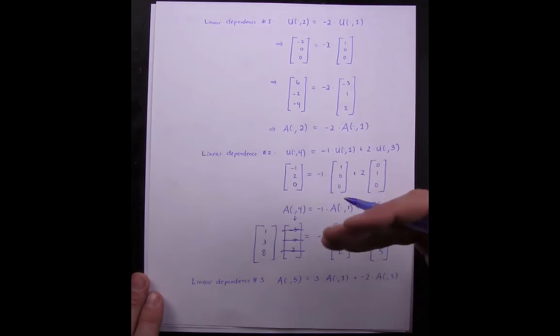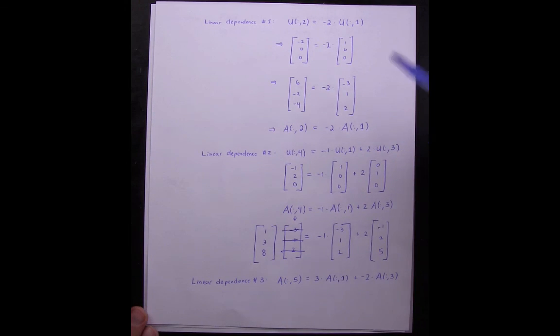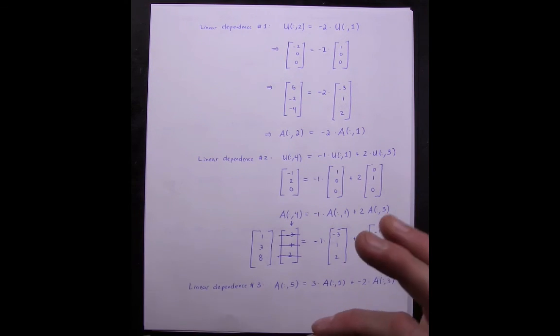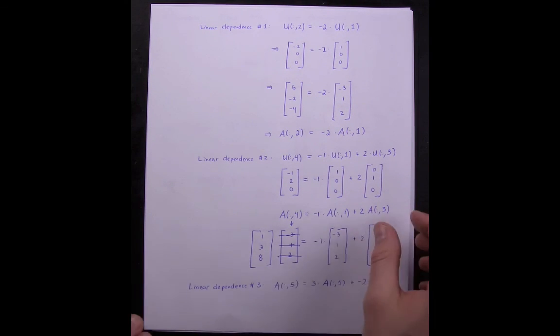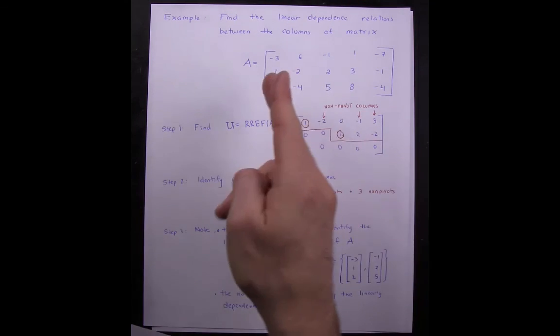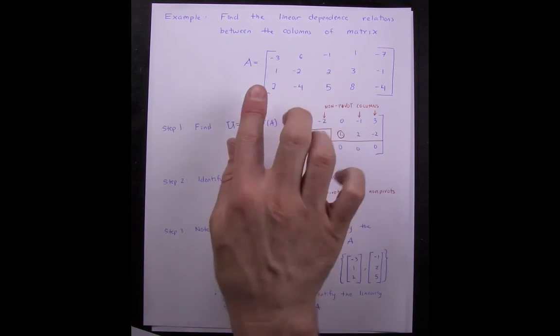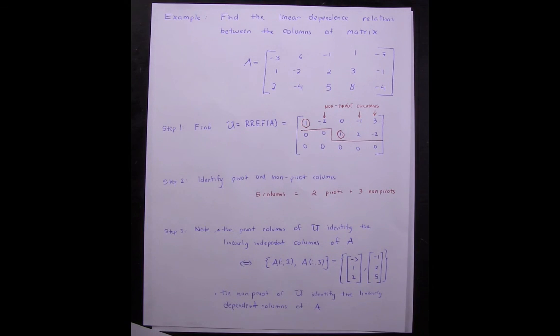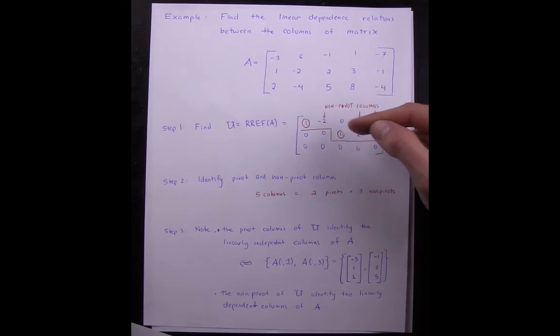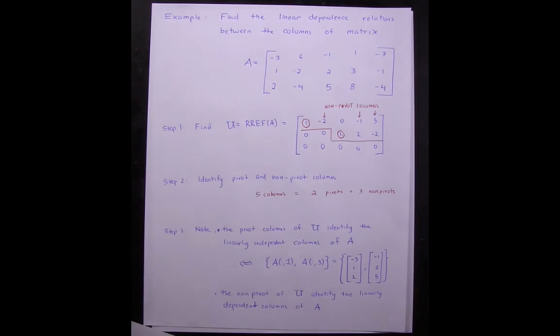This is the exact same process that we used to generate the linearly independent vectors that span the null space. I wanted to put an emphasis on the idea that the stair-step structure of RREF is actually a method to identify very quickly which of the columns of A are linearly independent, which of the columns of A are linearly dependent, and how you can ascertain the dependence relationship between those. Okay, see you in the next video.